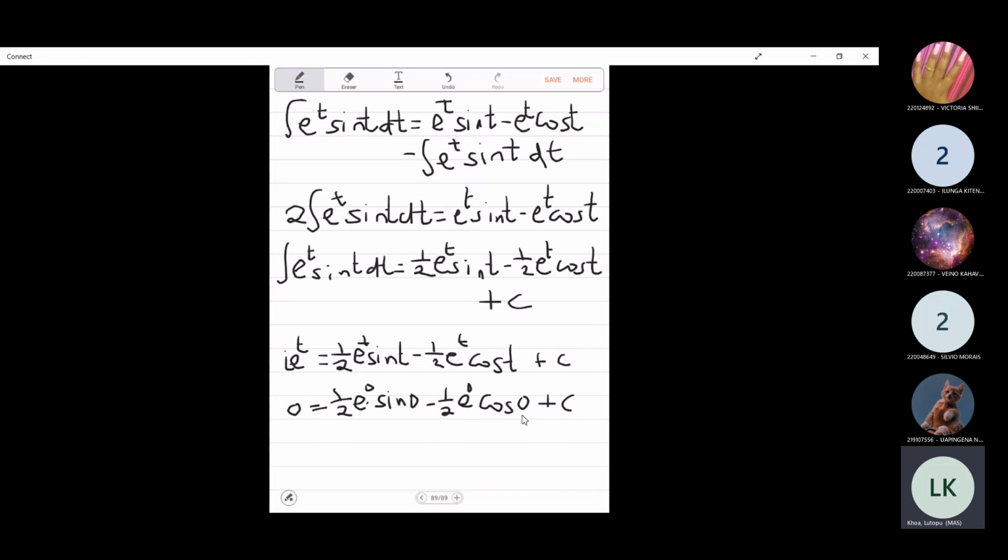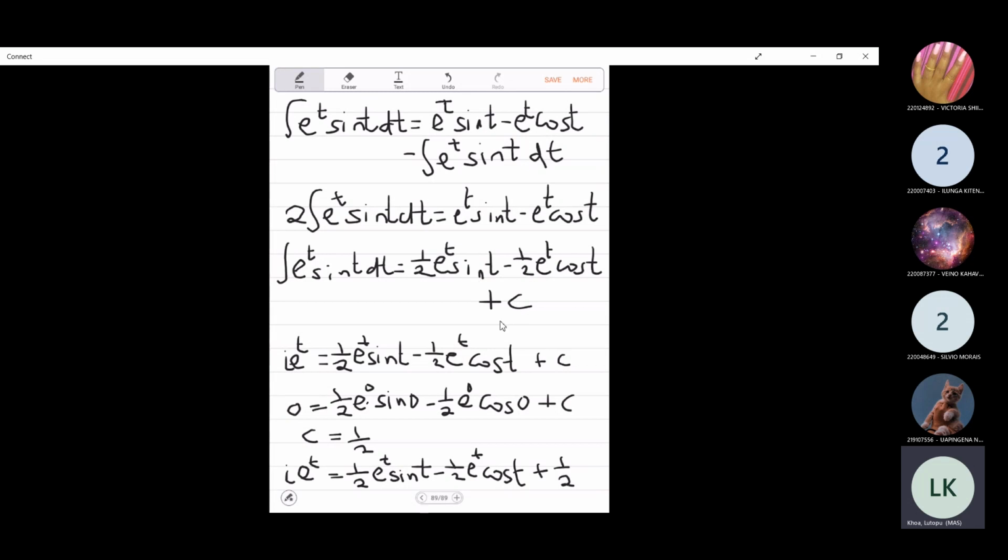So here I am getting C is equal to 1/2. Okay, so now that I know what C is, I is 1/2 e to the power of t sine t minus 1/2 e to the power of t cos t plus 1/2.